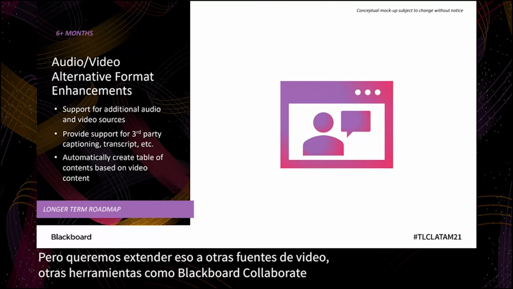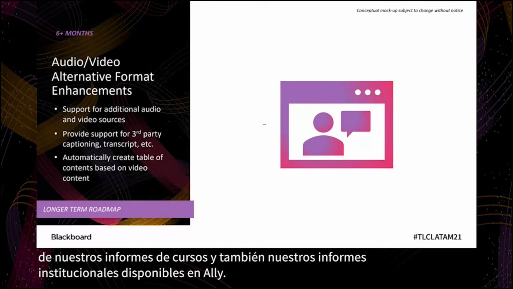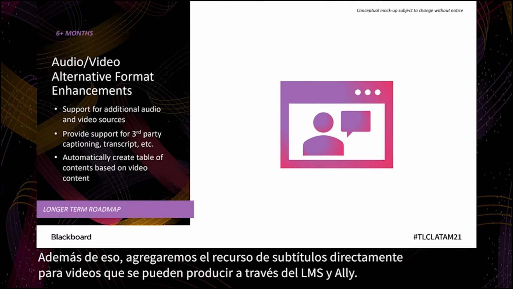But we want to extend that to other video sources, other tools like Blackboard Collaborate, or third-party streaming tools, and incorporate scoring and accessibility as part of our course accessibility reports and also our institutional reports available in Ally. Alongside that, we're going to be adding the ability to provide captions directly for videos that can be requested through the LMS and Ally.